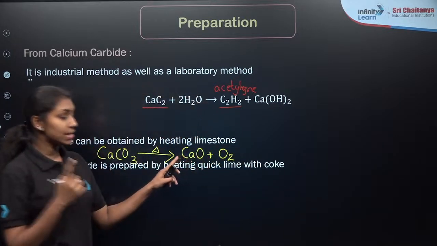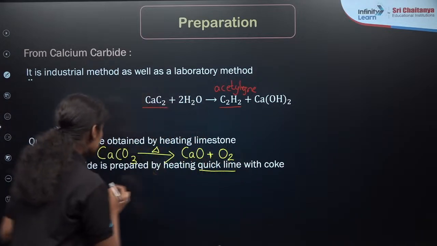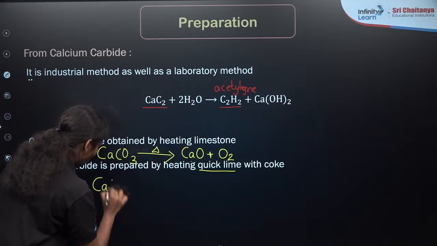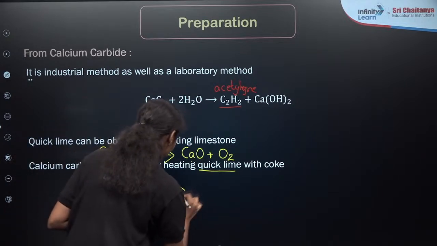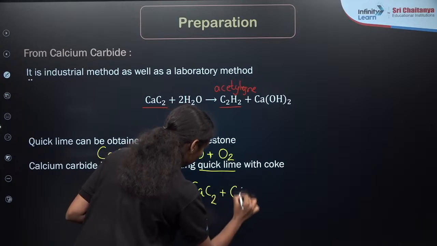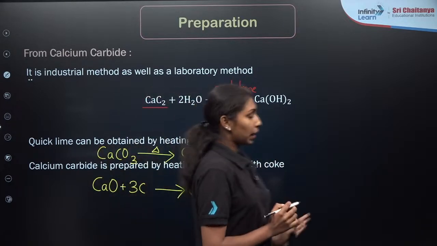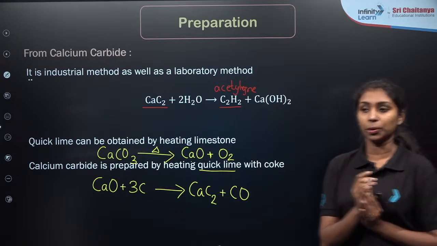This calcium oxide is known as quicklime. Calcium oxide further reacts with coke, which means carbon, to form CaC2, our calcium carbide, plus carbon monoxide. This is the method of preparation of calcium carbide, which is already mentioned in your NCERT textbook. Just go through it.